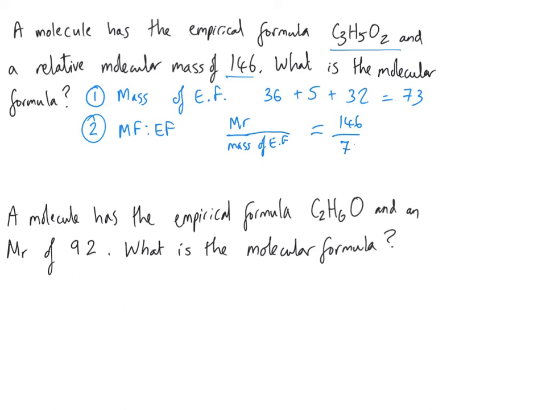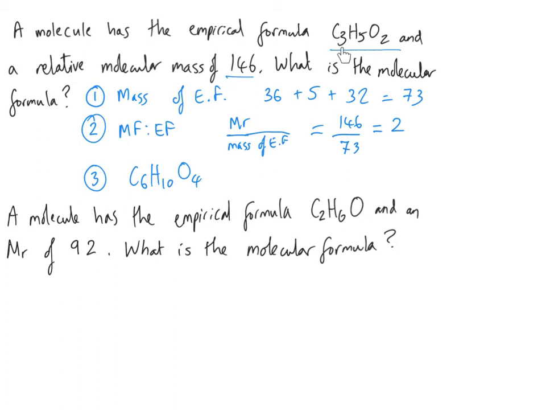We've just calculated the empirical formula has a mass of 73, and so our answer there is 2. And what that means is that the molecular formula is twice as big as the empirical formula. And so our final task is to state that the molecular formula is C6H10O4, because that is twice as big as the empirical formula that we were given up here.